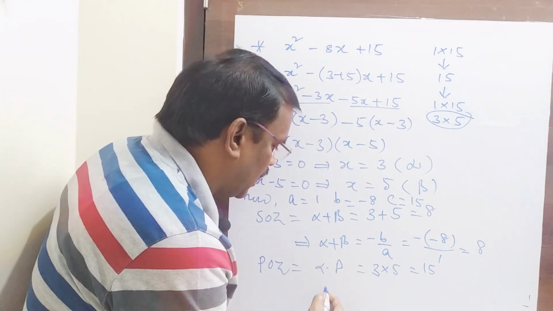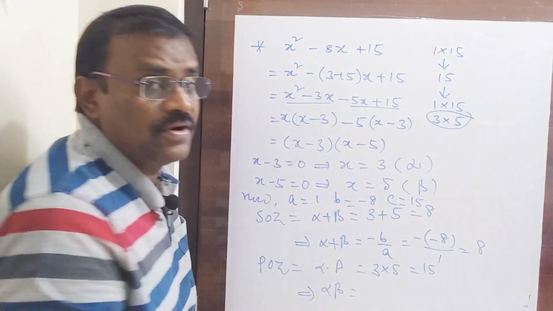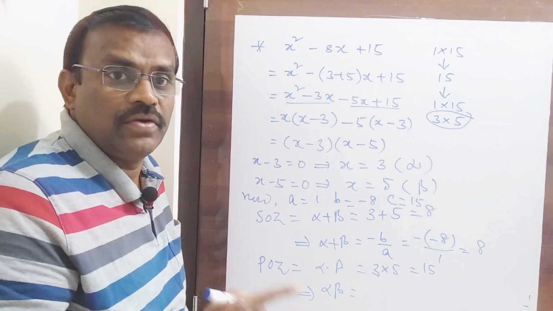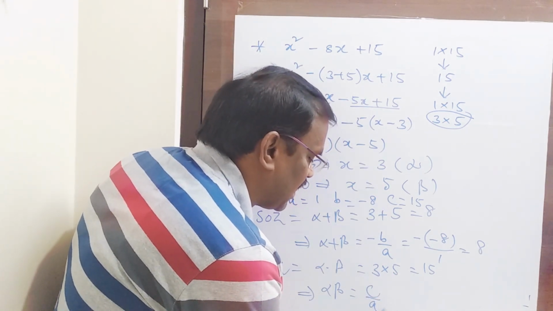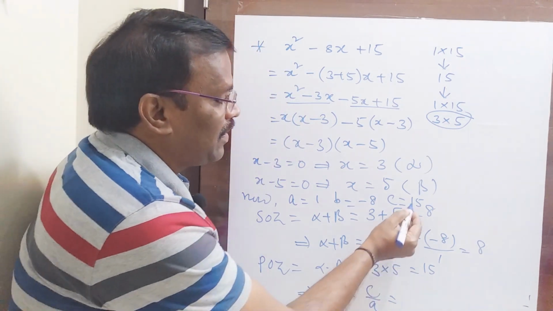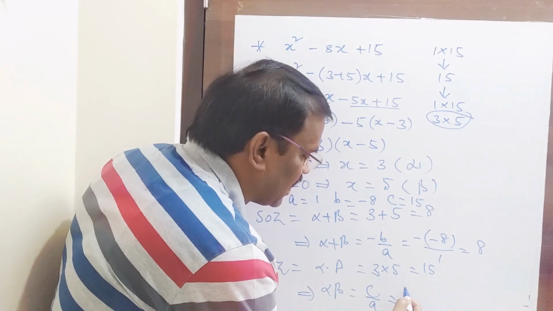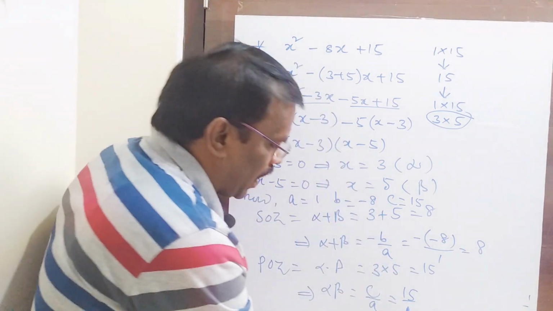Now, again the same product of zeros we will calculate by using the coefficients, that is, by using the standard formula. The product of zeros of a given quadratic polynomial is c by a. What is the c value here? From the given polynomial, 15 by a value 1.